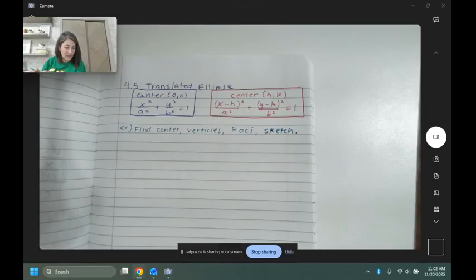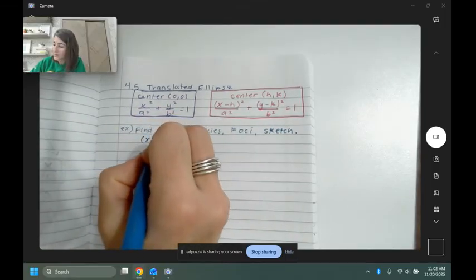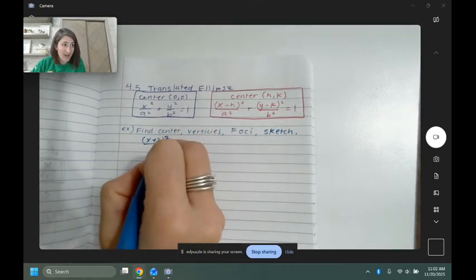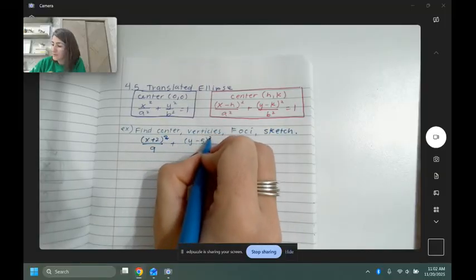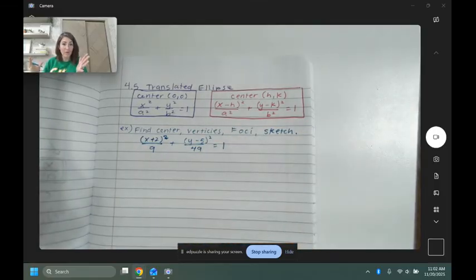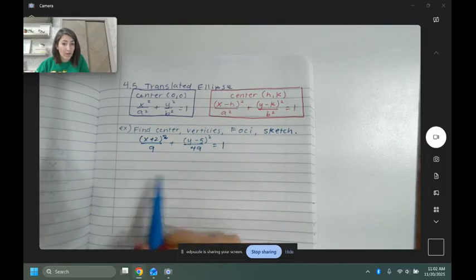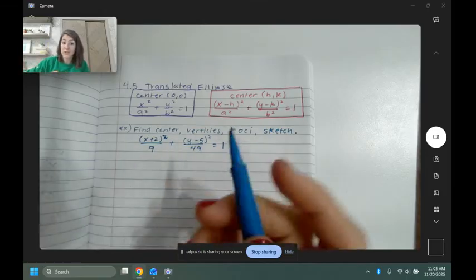So let's say I have (x plus 2) squared over 9 plus (y minus 5) squared over 49 equals 1. Nice that they gave it to us already in the correct form, and I didn't have to make this set equal to 1. This is standard form for an ellipse, and they give you a ton of information here.